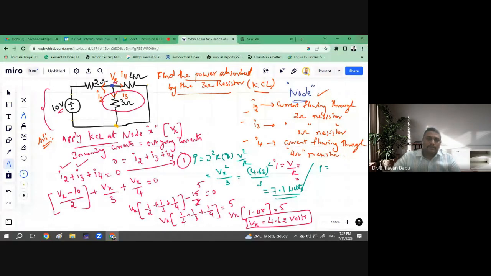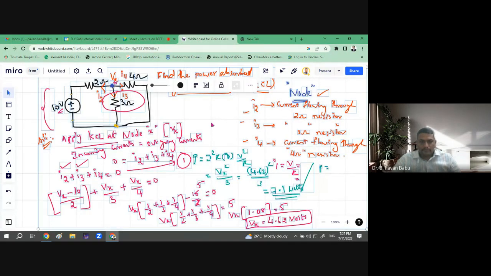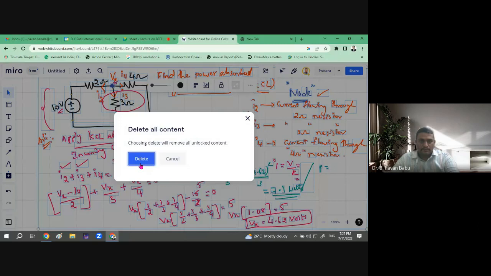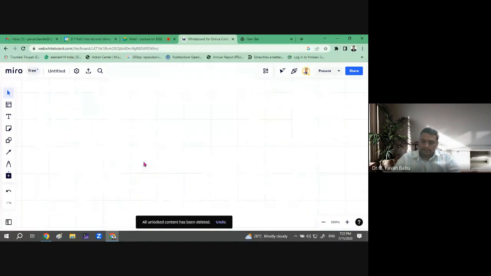So let me give another circuit. In parallel to me, you can also start working on this. Okay, let me go with the other example.